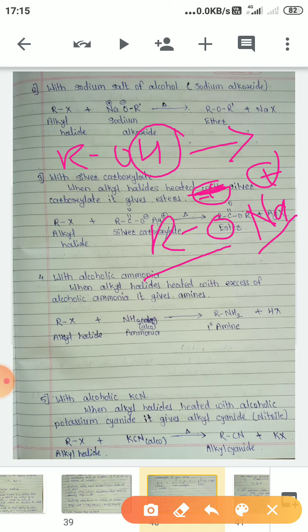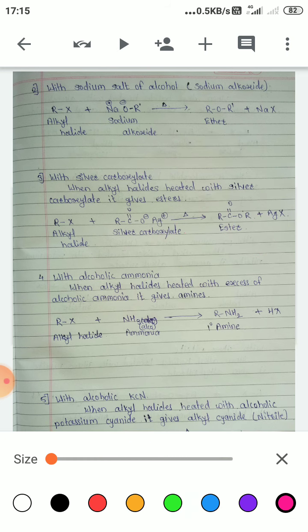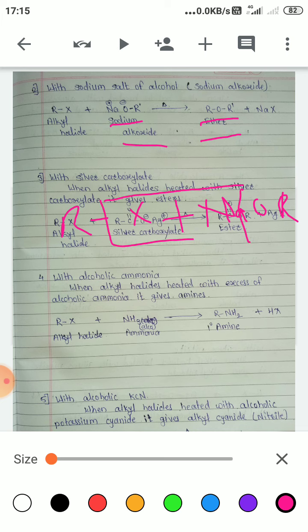When alkyl halides react with sodium alkoxide, it gives ethers. That means RX plus NaOR. Just do one thing: form a bond between sodium and halogen and join these two R groups.